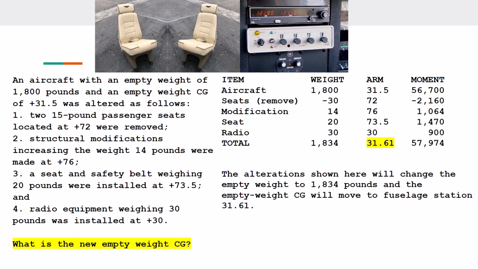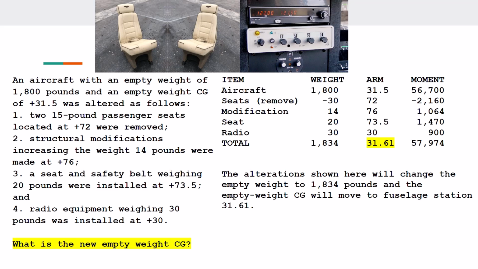As you can see, we could calculate the aircraft moment by multiplying the weight and arm already given to us in the question. We can move on by doing another IWAM calculation as the seats are removed at station 72.